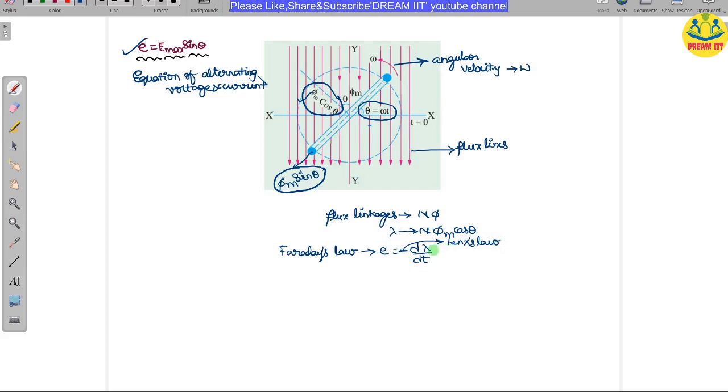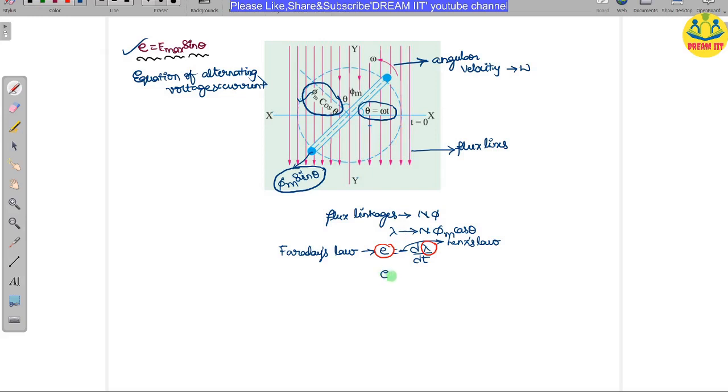Lenz's law states that the cause of production of this induced EMF is the flux linkages, so the induced EMF opposes it. To indicate that opposition we use the negative sign. You know Lenz's law from the basic classes also.